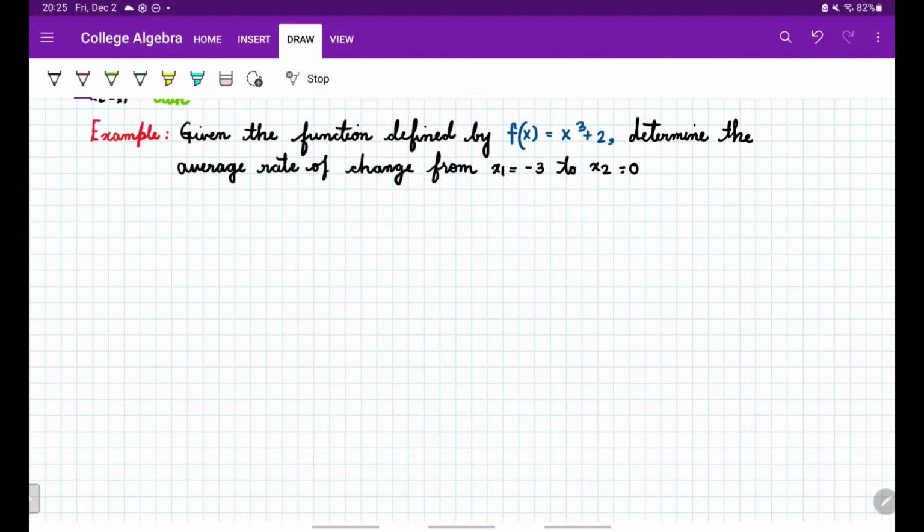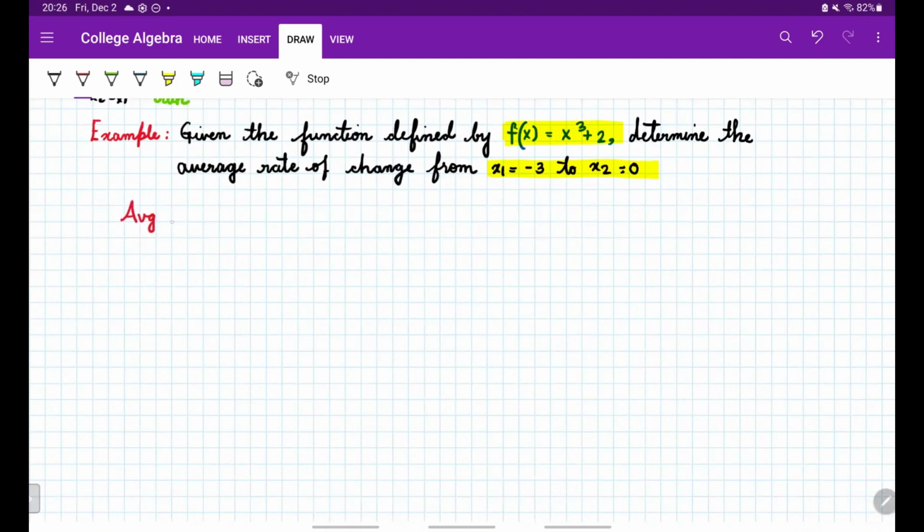In the first question here, we are given a function which is defined in this way, and we want to determine the average rate of change where x is going from -3 to 0. So let me write down the formula again so we know what we need to plug into it.